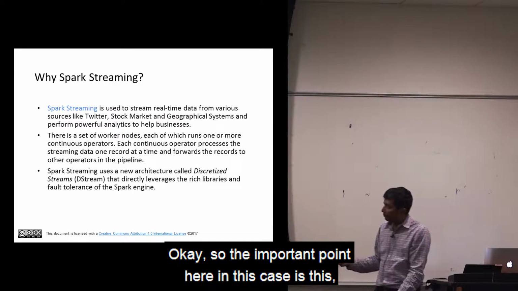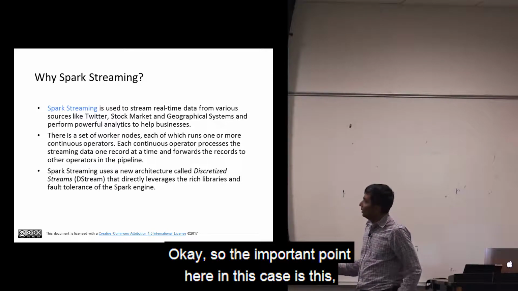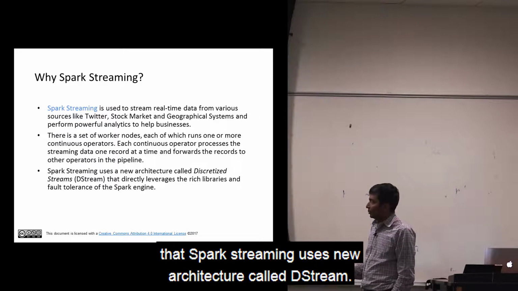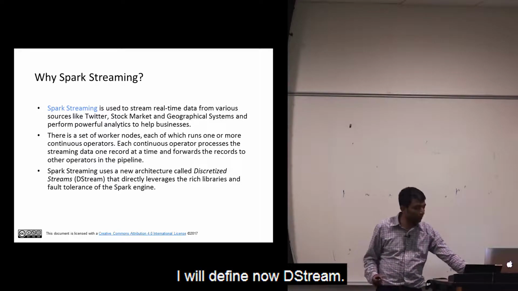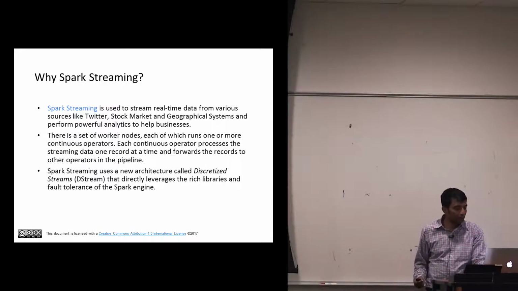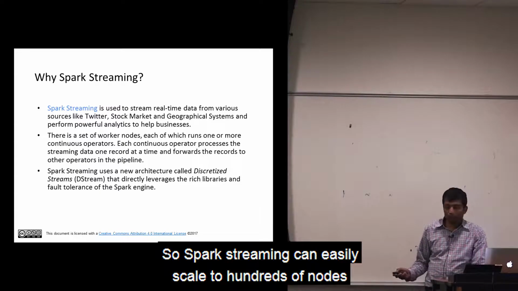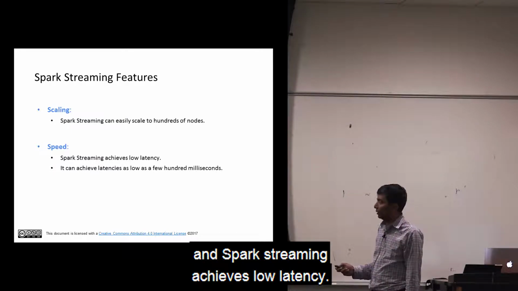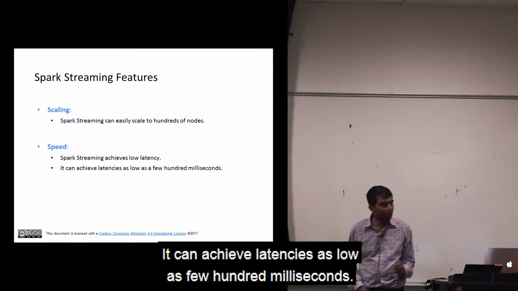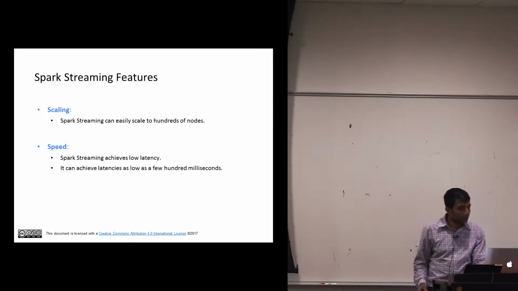Okay, so the important point here is this: Spark streaming uses a new architecture called DStream, which I will define now. Spark streaming can easily scale to hundreds of nodes, and it achieves low latency, as low as a few hundred milliseconds.